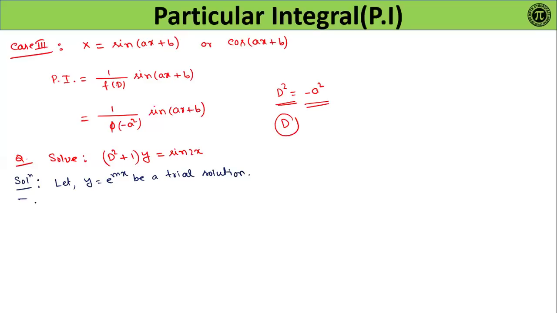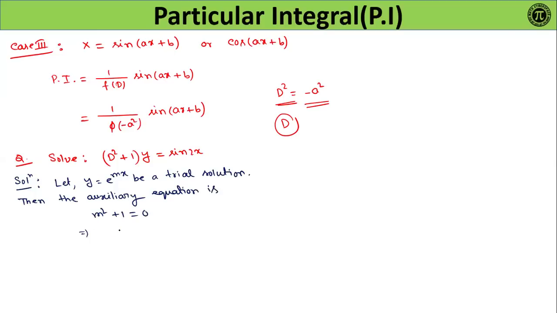Then the auxiliary equation is m square plus 1 is equals to 0.